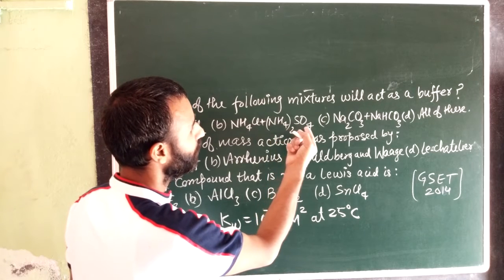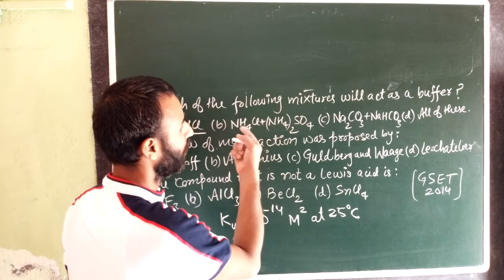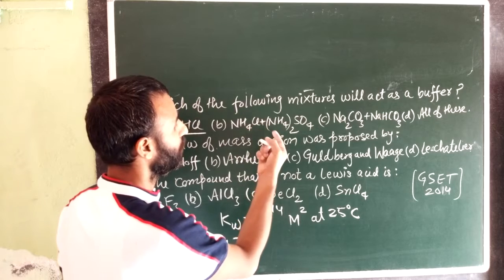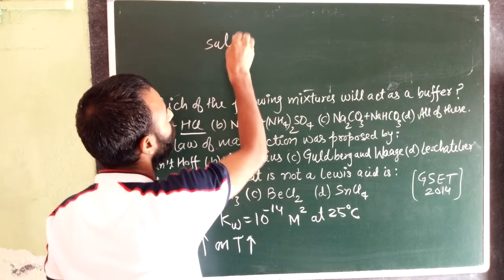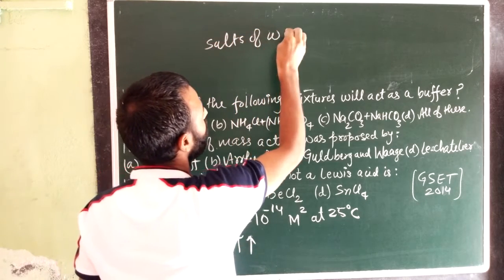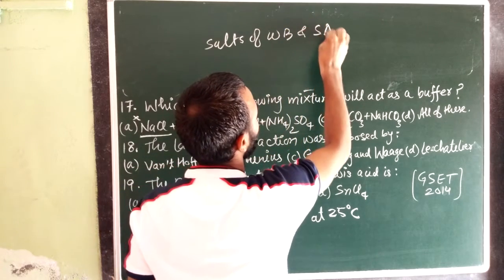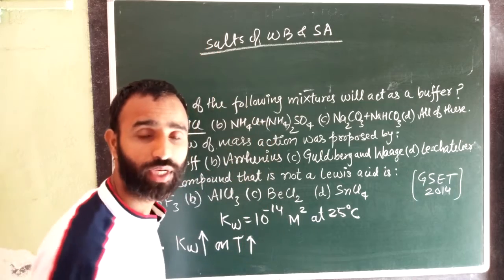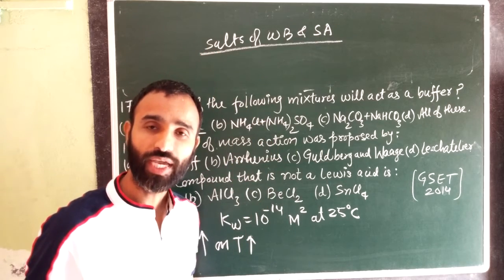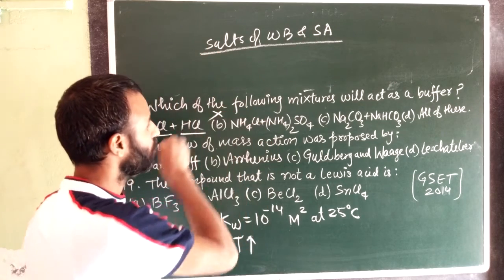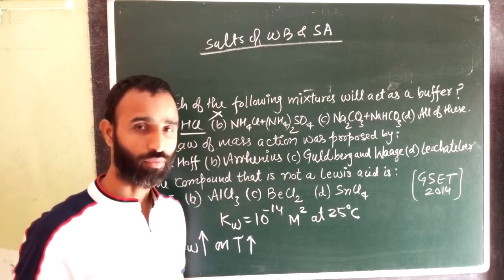This is ammonium sulfate, ammonium chloride. These are the salts of weak base and strong acid. But mixed buffer is salt of weak acid and weak base. That means it is also not a buffer.